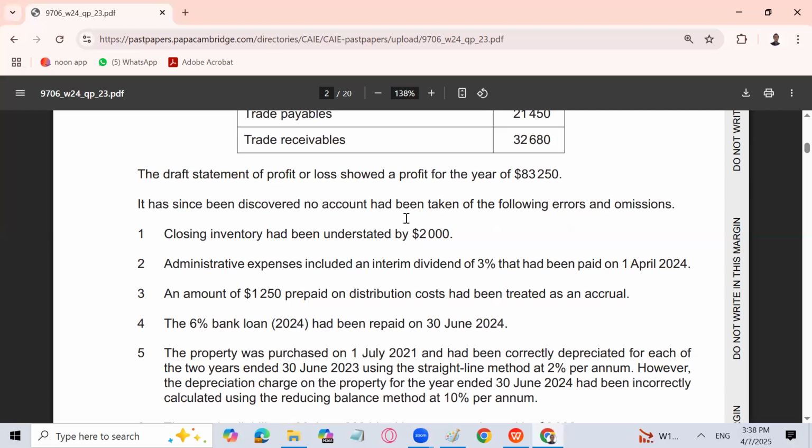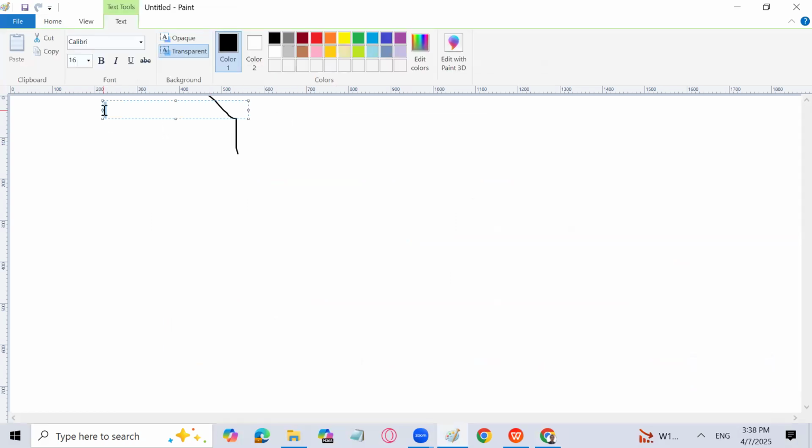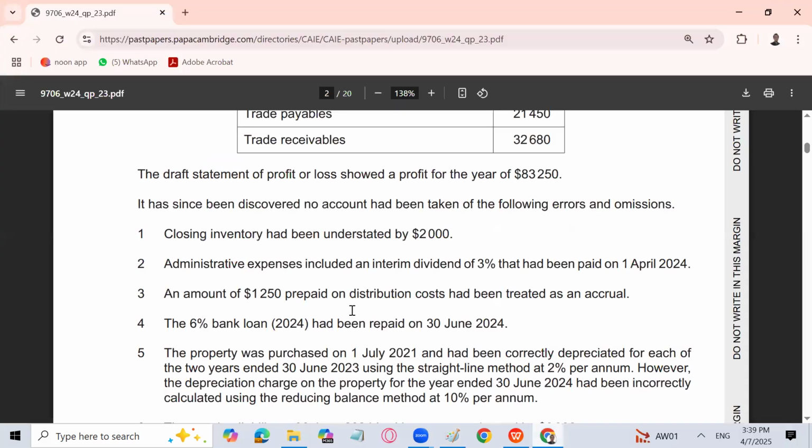As I told you, this is a question of errors, so we have to find the corrected profit. Later we will adjust the profit in the retained earnings.